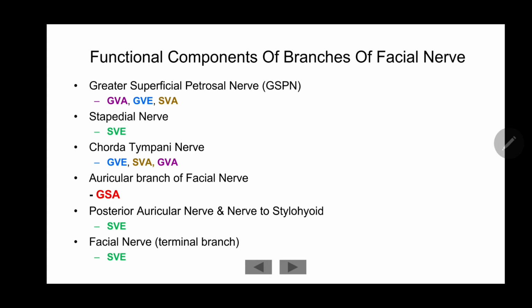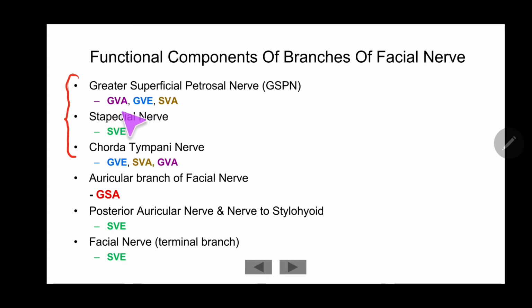Out of those 5, remember this in the intrapetrous portion; these are the branches you're seeing here. These are the branches of the intrapetrous course of the facial nerve. The first of the 3 branches given out by the facial nerve is the greater superficial petrosal nerve. Remember, it carries 3 functional columns.